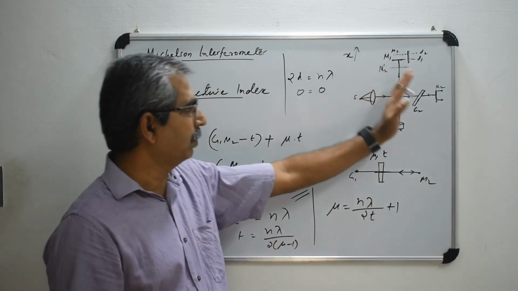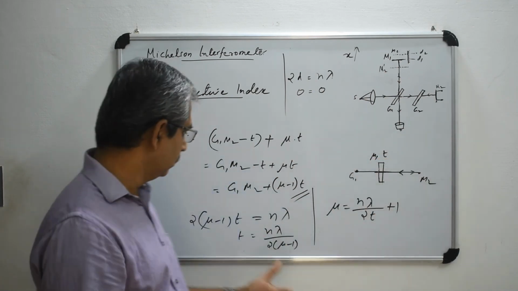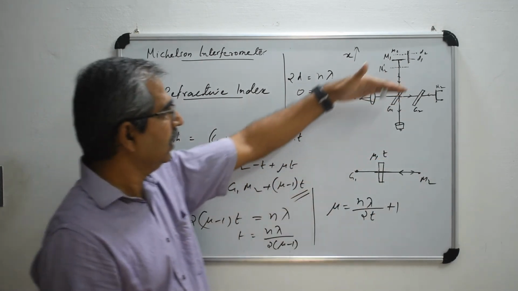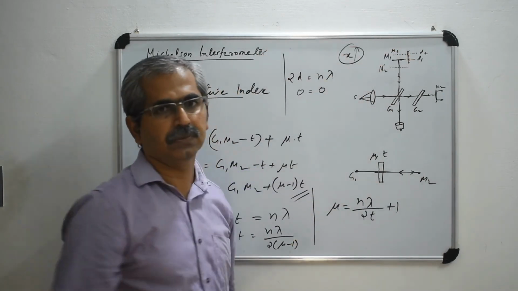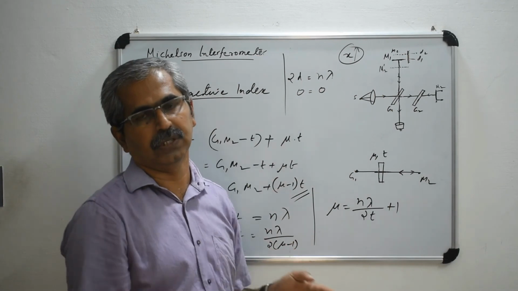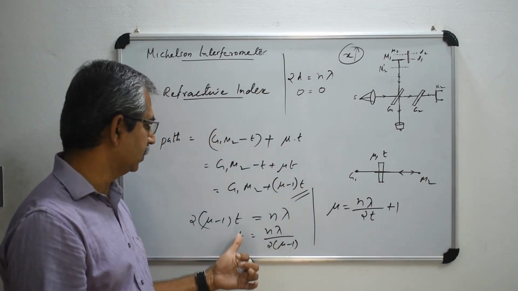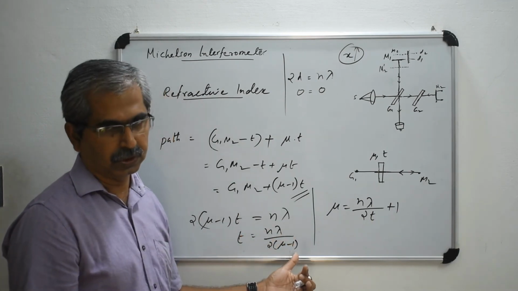Then you replace that by the monochromatic light having a wavelength lambda. Then you move through exactly the same distance X and count the number of fringes that are formed there, from which we can use T is equal to n lambda by 2 into mu minus 1.